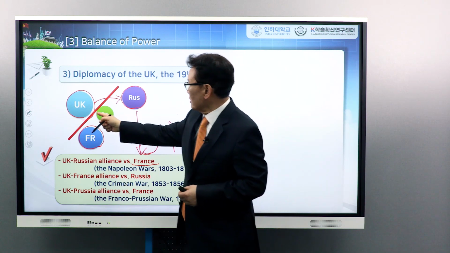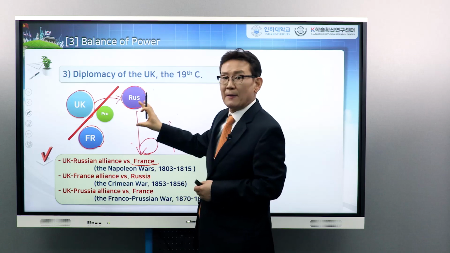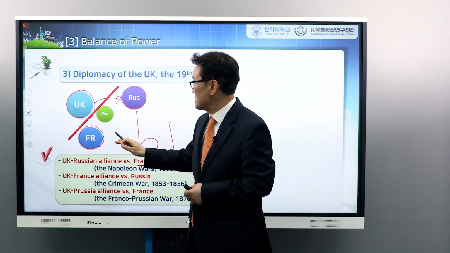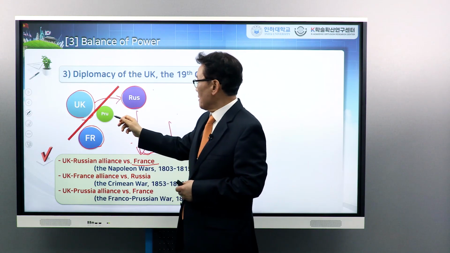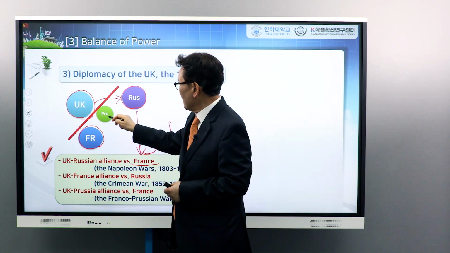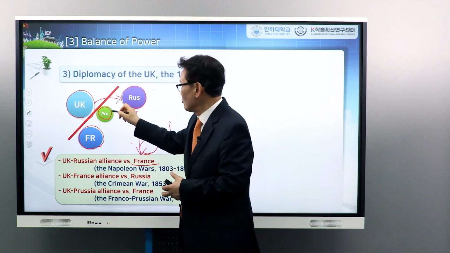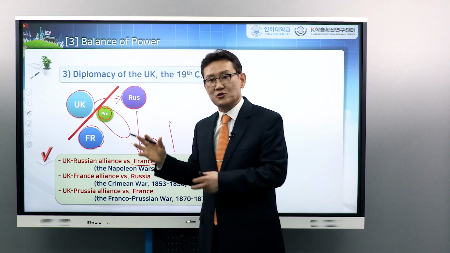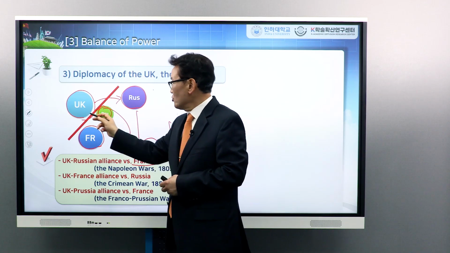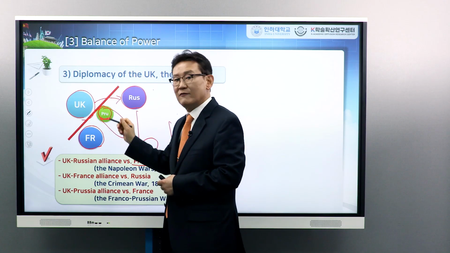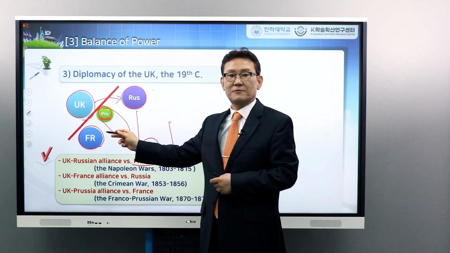So for the United Kingdom, there was always France or Russia making trouble in the continent. So the UK came up with a brilliant idea. Why not make Prussia unite and become a strong Central Europe, a buffer zone, in order to prevent any war between France and Russia? So the UK helped Bismarck of Prussia with unification, and France strongly opposed the unification of Prussia.